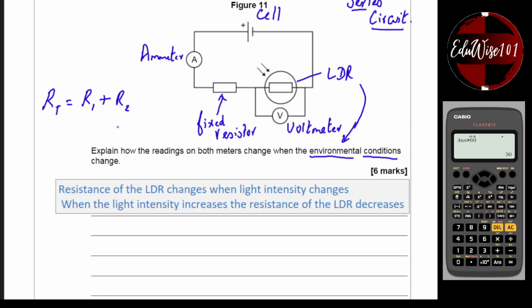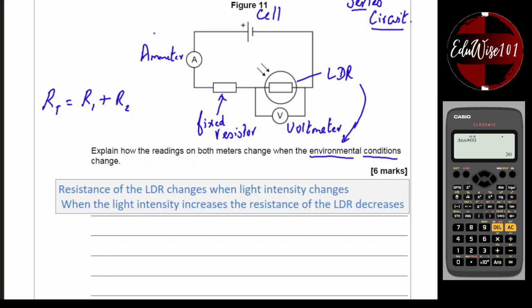So if this goes down, then the total resistance is going to go down. That means the current is going to increase.